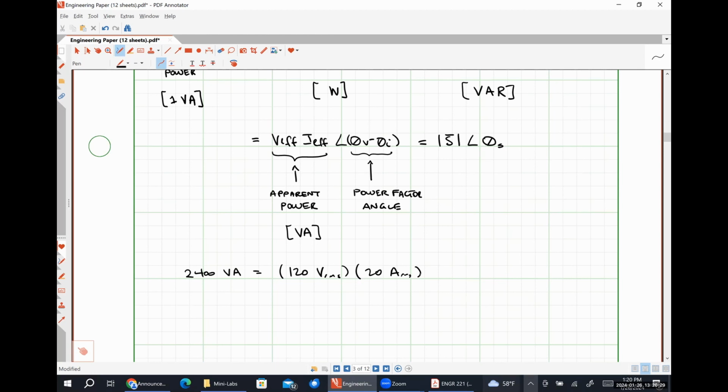Really, you have to add in a 25% safety factor according to the NEC code and all of that kind of good stuff, but that's a problem for another day. Okay. So apparent power is just used for designing a system effectively. All right, and so now let's open up the can of worms that is the power factor.